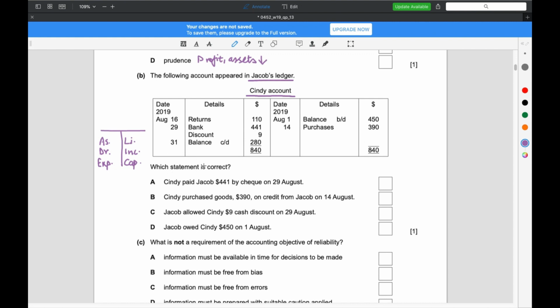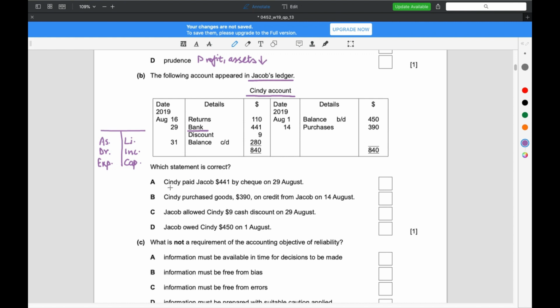So he asks which statement is correct. If you take a look at the options here, it says Cindy paid Jacob 441 by check on 29th August. This is the entry we're talking about here. Bank 441. So the bank is being debited in Cindy's account, which means that the actual entry in Jacob's bank account would be a credit. A bank is an asset.